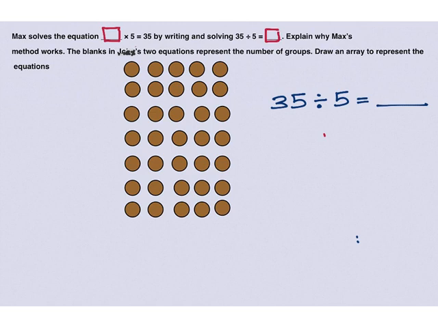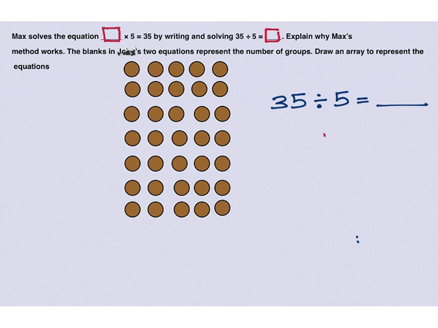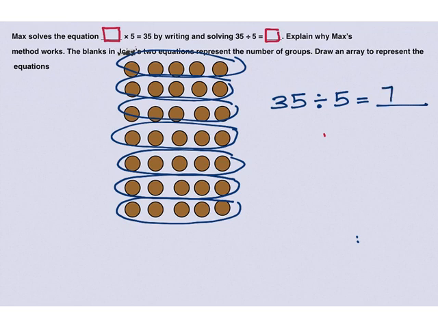So this is an array that represents 35 divided by 5. So this is dividing it by 5, and I get 7 groups.